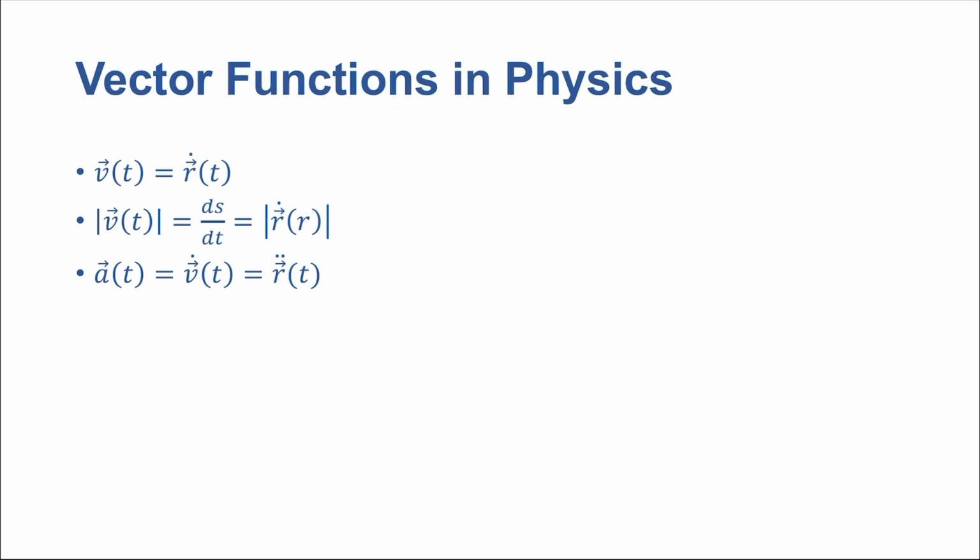If I've got parametric equations, x of t and y of t, that describe my motion, then the speed is equal to the square root of x prime of t squared plus y prime of t squared, because that is equal to the magnitude of the velocity function of time. And we can rewrite this as the magnitude of r dot of t.